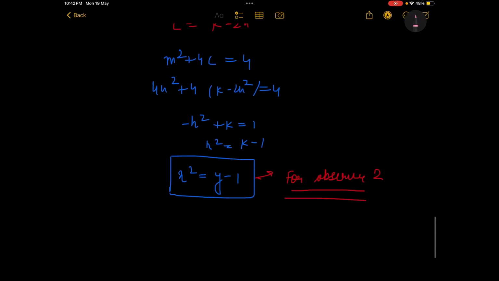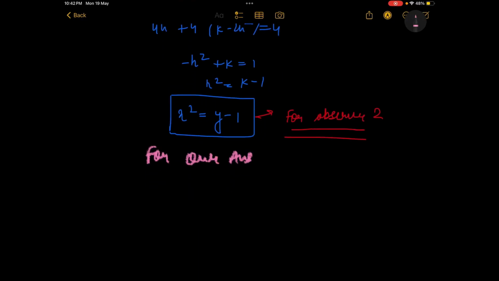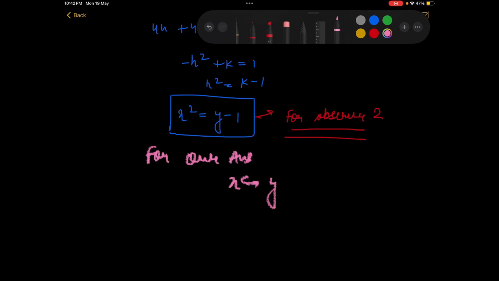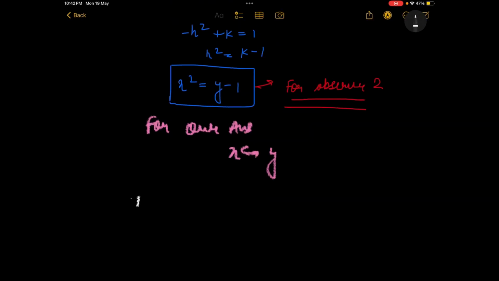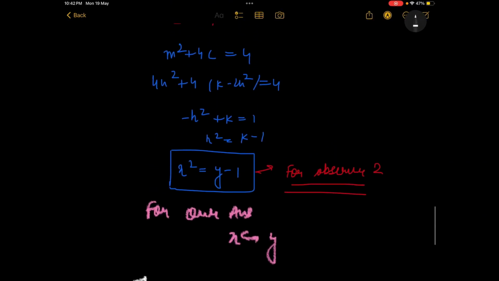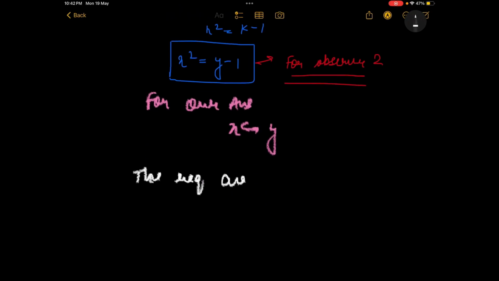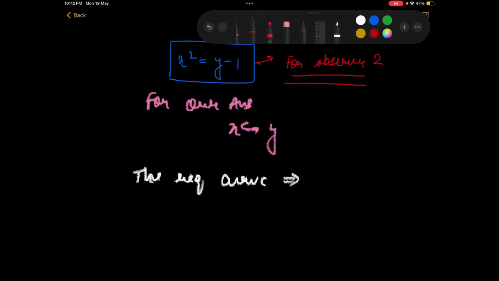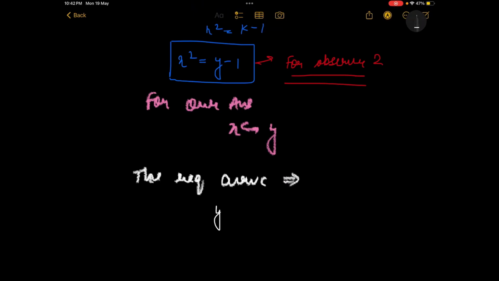So for our answer, we need to take the inverse of this function, x to y and y to x. So the required curve would be y squared is equal to x minus 1.